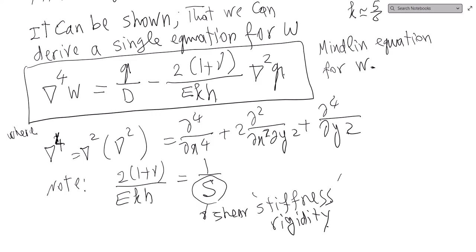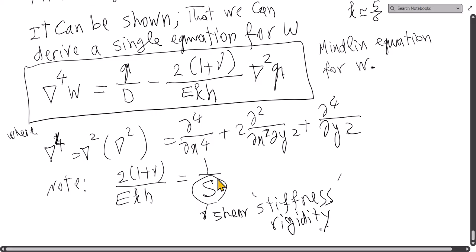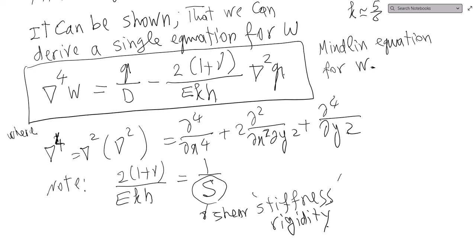So what we are saying here is that if S goes to infinity, this quantity goes to 0, meaning the plate is rigid for transverse shear.